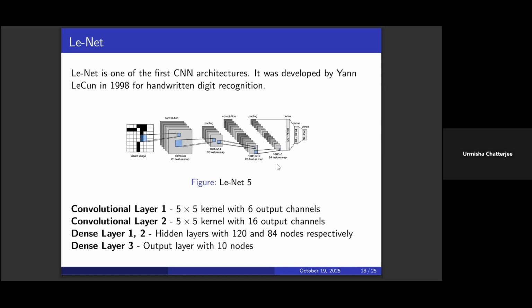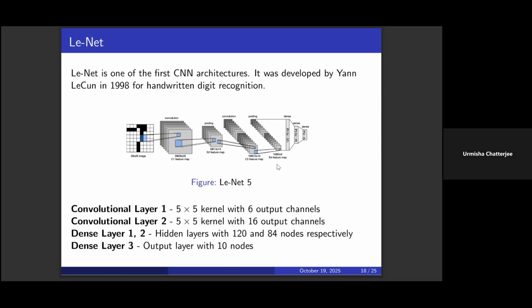Then after these two convolutional layers, we have 16 two-dimensional images. These 16 two-dimensional images were vectorized into a single vector, which then was propagated through a fully connected layer, as you have done in multi-layer perceptrons. So this was the architecture that he used for the problem of handwritten digit recognition.